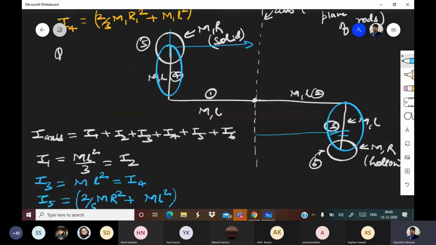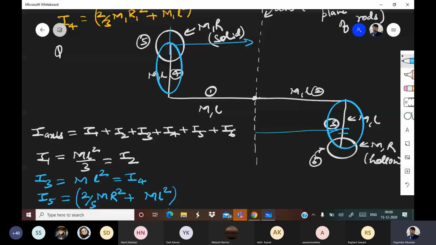If you draw that line which is passing through the midpoint and perpendicular to it, will that line be parallel to the given axis? No. So how are you applying the parallel axis theorem? How are you applying the parallel axis theorem in your solution? Understood?